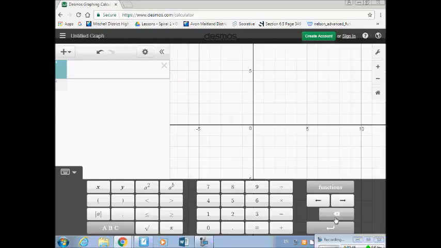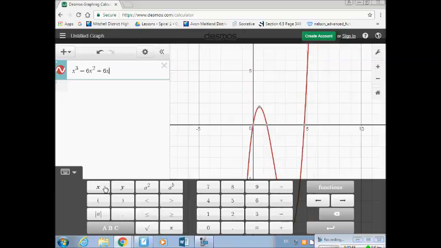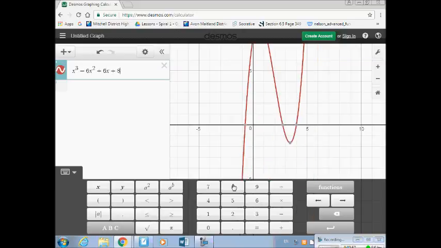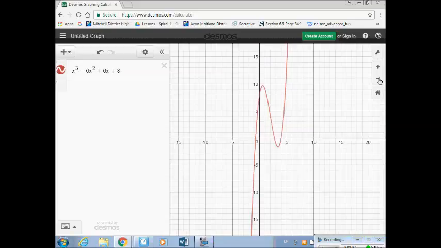So we have x cubed minus 6x squared plus 6x plus 8. Okay, again, I don't need to actually zoom in or out. You can see that the way it's graphed, it is a cubic. I'm going to zoom out a bit so you can see the shape of the cubic here.